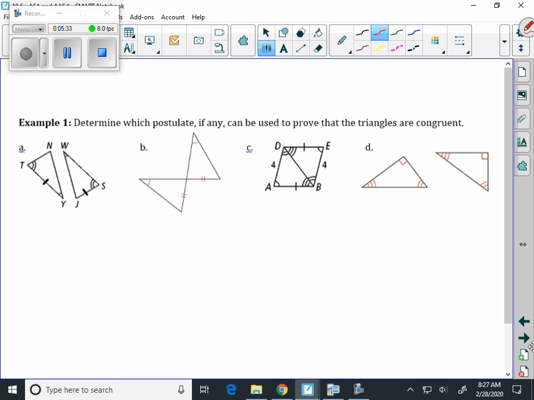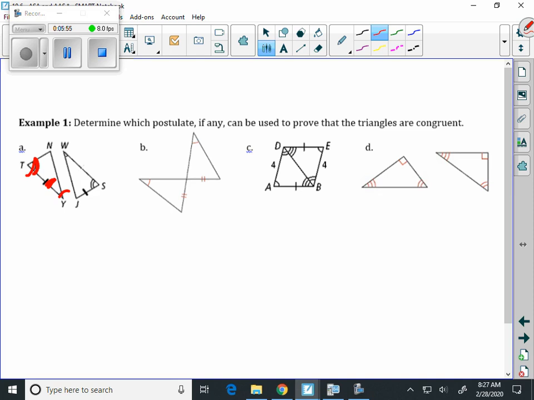And if we look at the triangle to the left, YTN, we've got one tick mark there at angle Y, and we've got two tick marks here at angle T, and we've got the included side there.